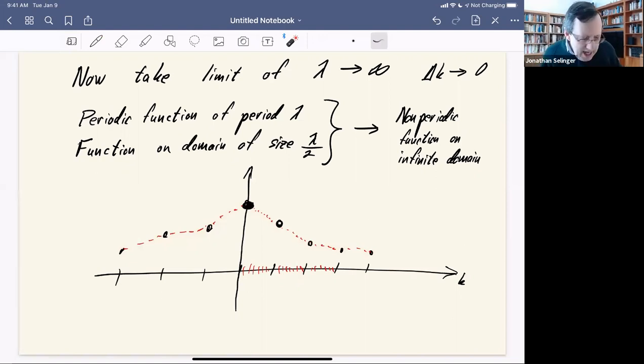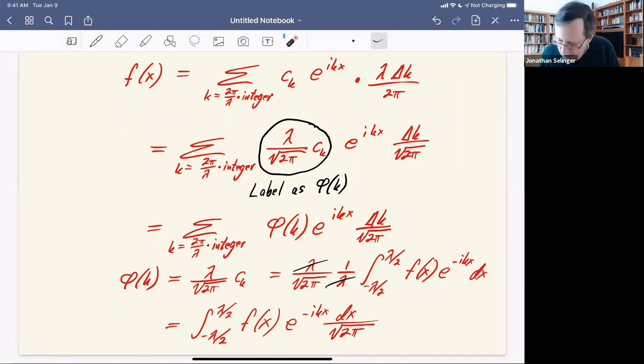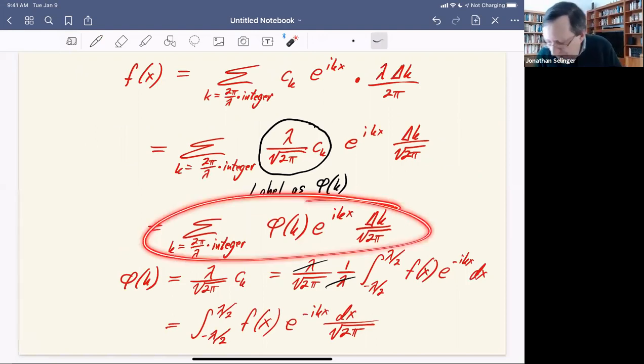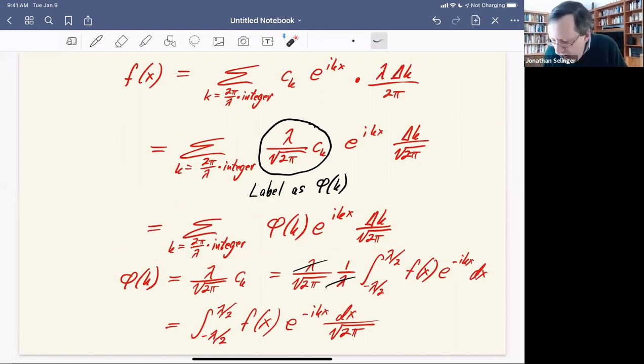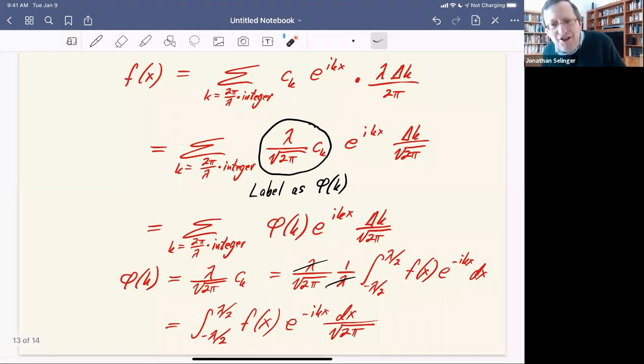And what is the function? Okay, well, I have this sum right there, okay? And now, this is like the first thing you learned in integral calculus, right?